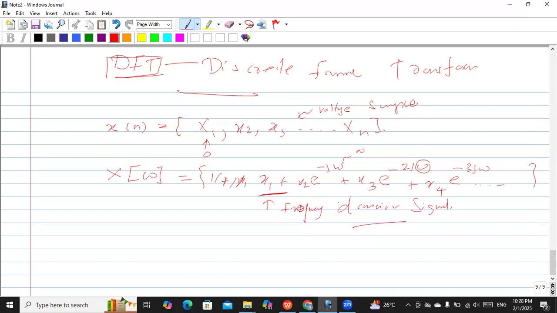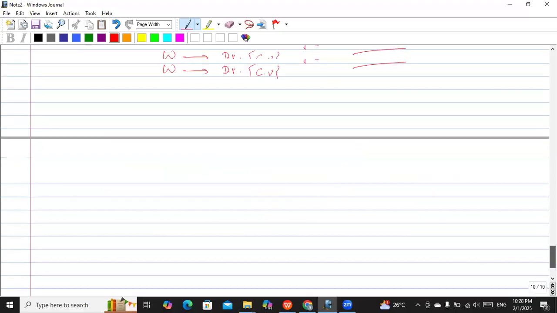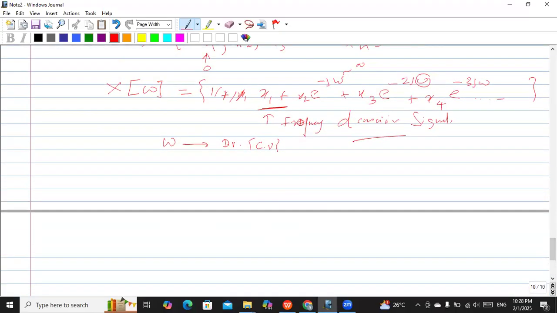So this frequency domain signal, omega, I told you earlier, omega is not a discrete variable. This is a continuous variable. That is why if we need to find the inverse Fourier transform of X(omega) to get x[n], we need to have integration of X(omega) e to the power j omega n d omega.